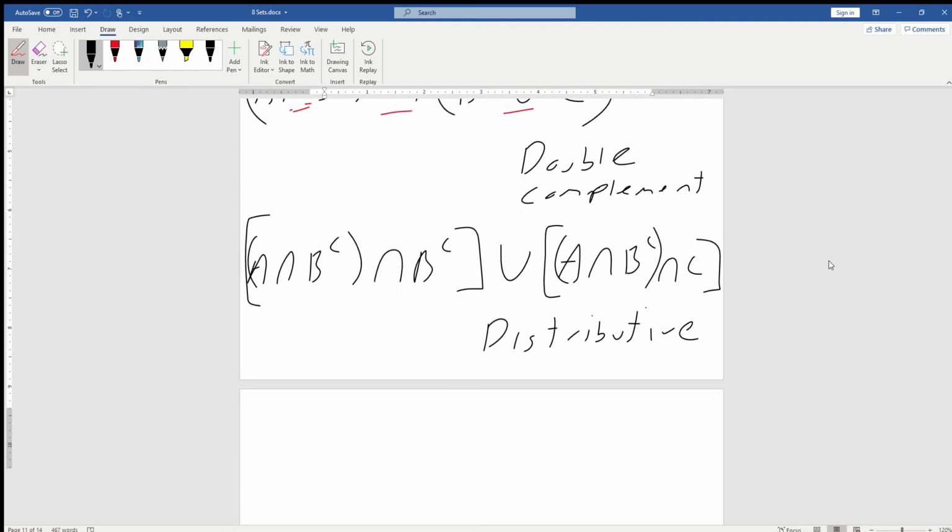The second set of parentheses we can't really do much with. The only thing we could do there is use an associative law, which unfortunately is not going to help us too much. However, in the first set of parentheses, the associative law will help us a little bit.